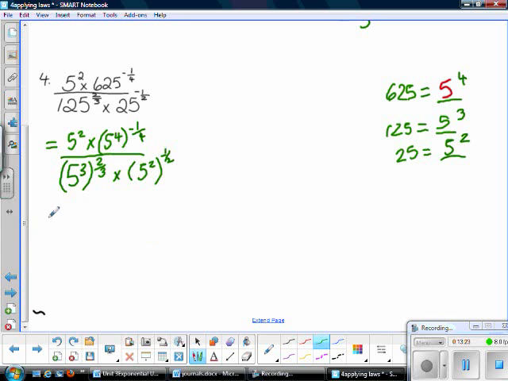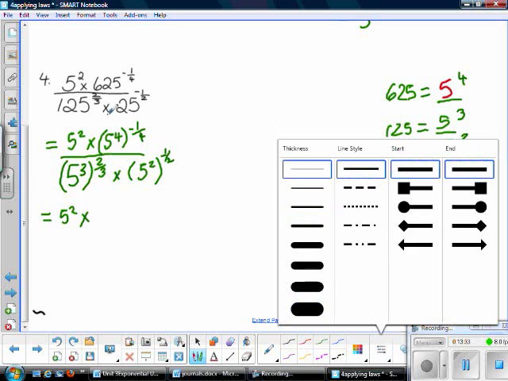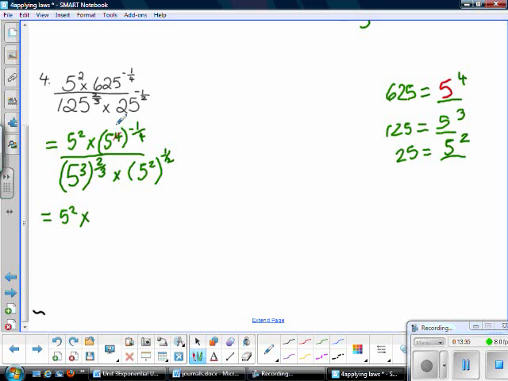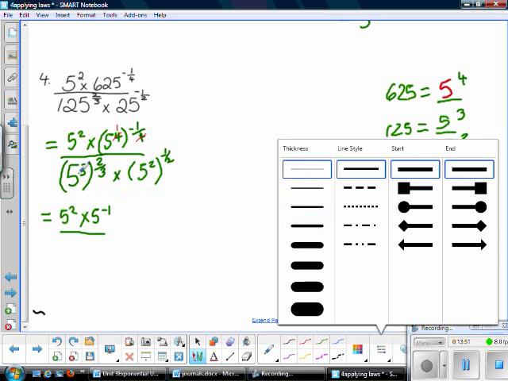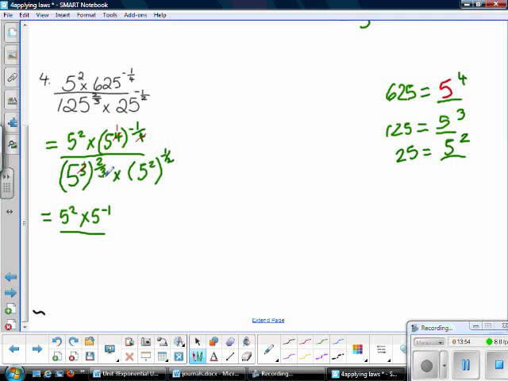And what happens now is the 5 squared stays as 5 squared, and in this location what's going to happen is the 4 is going to cancel with the 4, so I'm going to be left with 5 to the power of -1. And in the denominator, our 3's are going to cancel, 2 1's, so I'm going to be left with 5 squared.